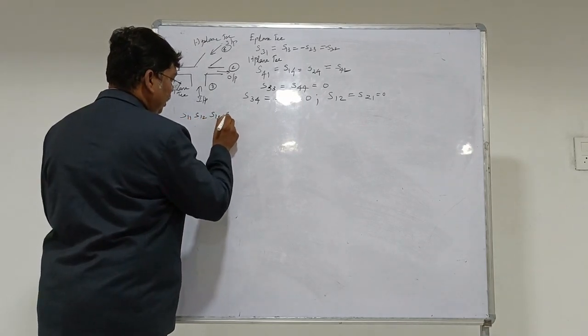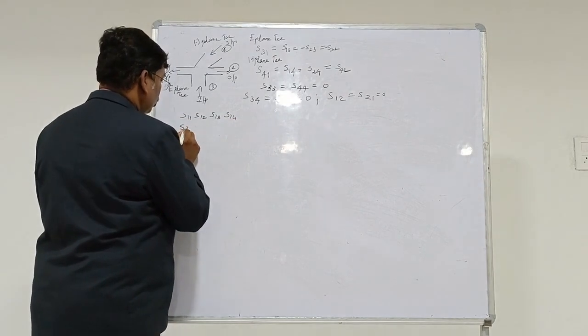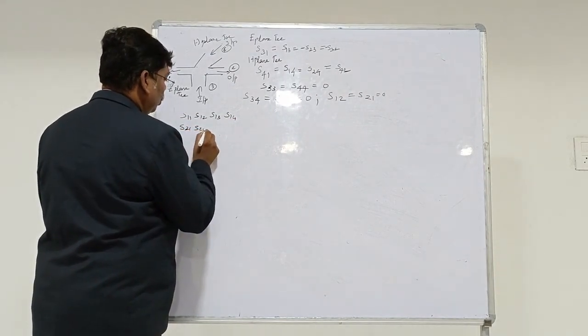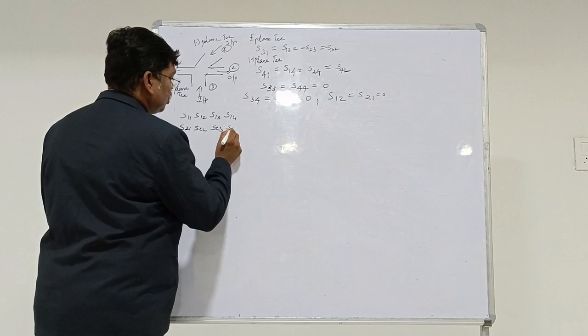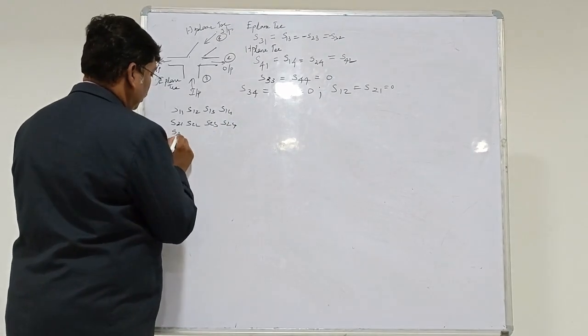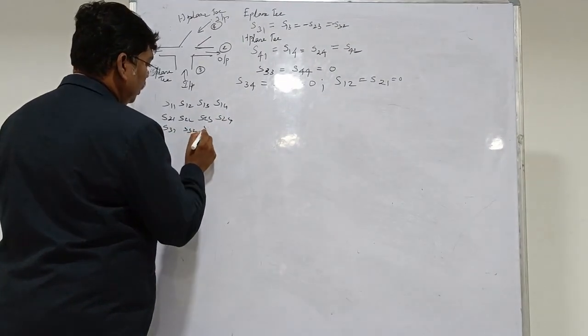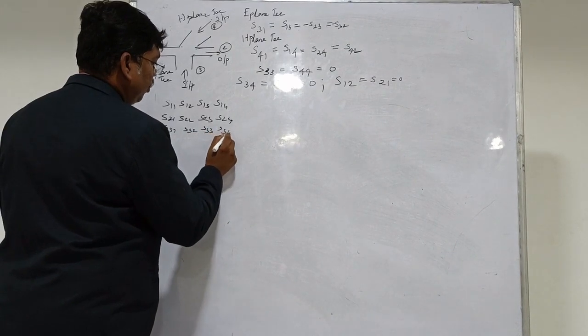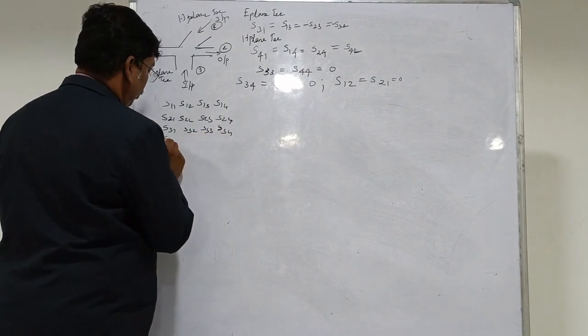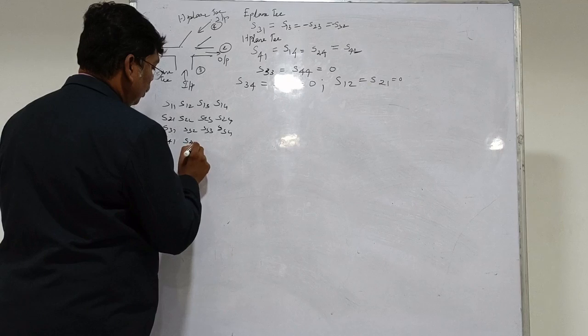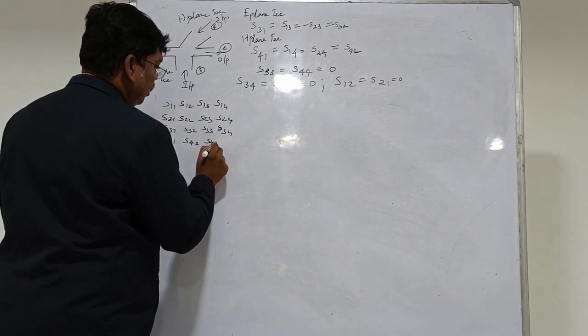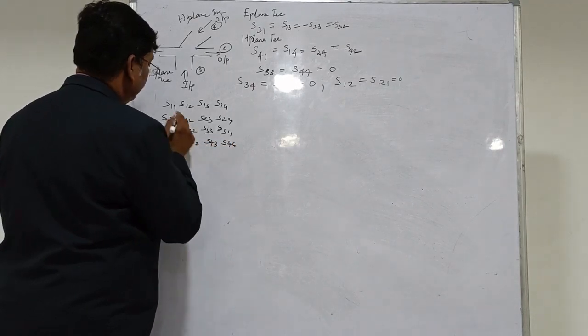This is the general S matrix: S11, S12, S13, S14, S21, S22, S23, S24, S31, S32, S33, S34, S41, S42, S43, S44.